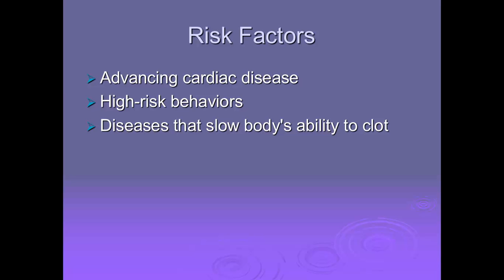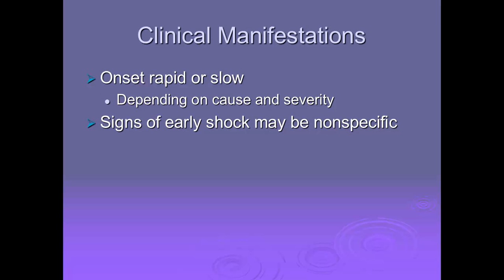High risk behaviors like driving under the influence, participating in dangerous sports, increases the risk of trauma and shock due to bleeding or multi-system injuries. Diseases that slow the body's ability to clot are also risk factors. So patients that have hemophilia are going to be at risk for hemorrhagic shock, which also falls into hypovolemic shock.